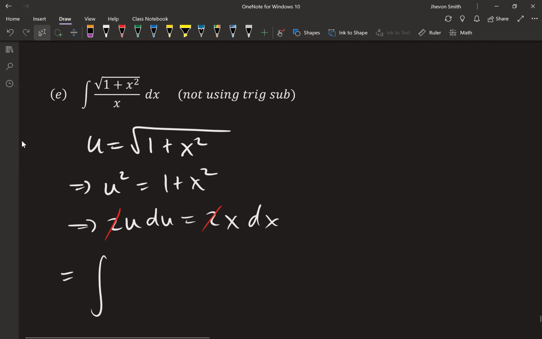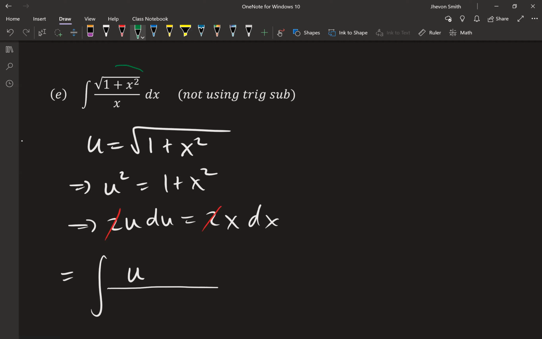So the radical of 1 plus x squared is just u. x is going to be the radical of u squared minus 1. Yeah, that's going to be a little bit nasty though. So here's how I would actually do it.